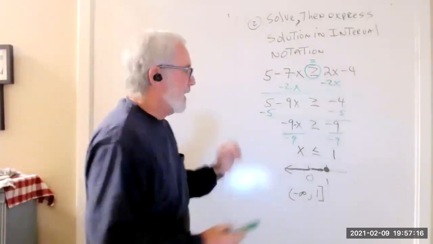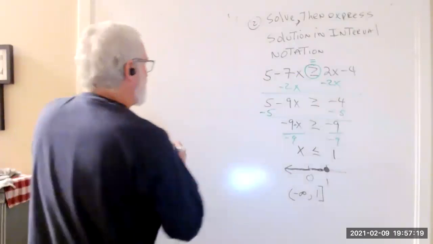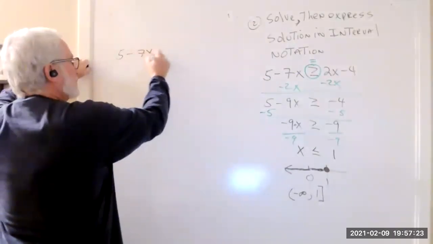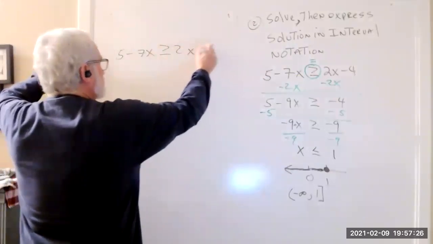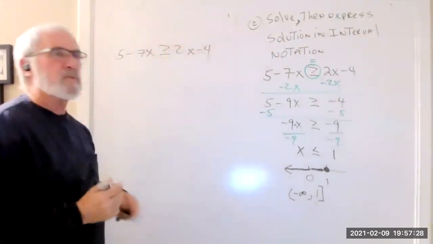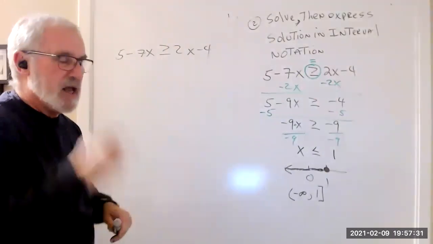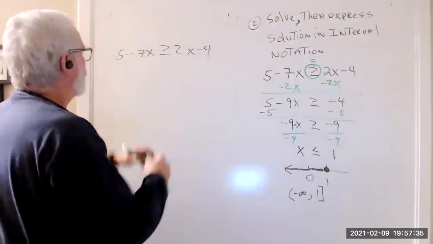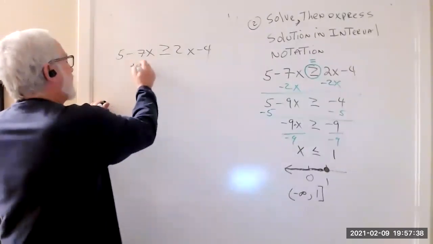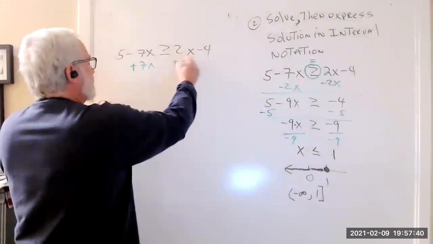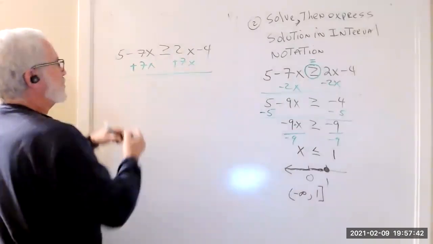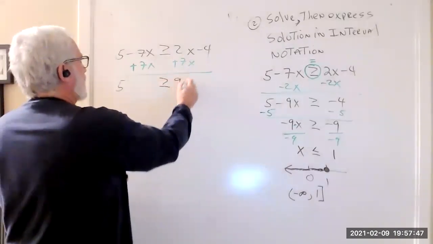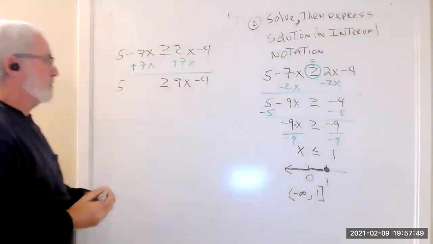Now, having said that, let's take the same problem, and I'm going to move the x to the right-hand side and show you how you get around it. So I'm going to do what you said. You said you added 7x to both sides, right? So that gives us 5 is greater than or equal to 9x minus 4.